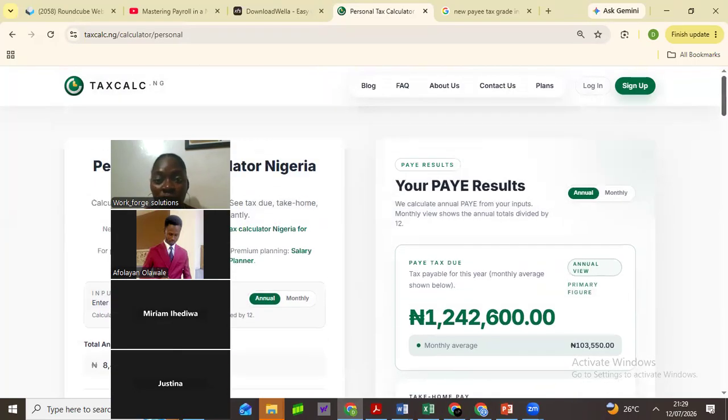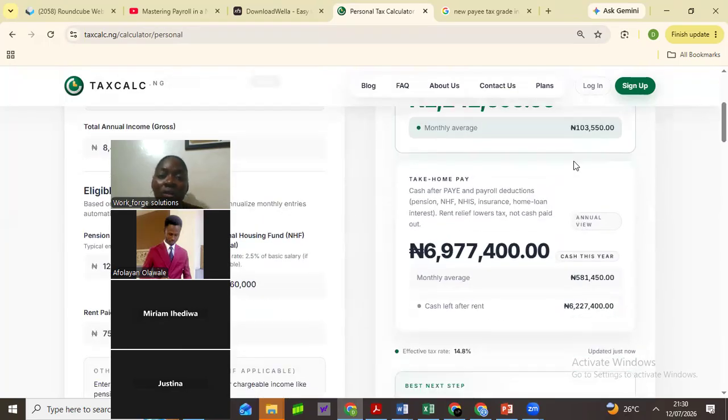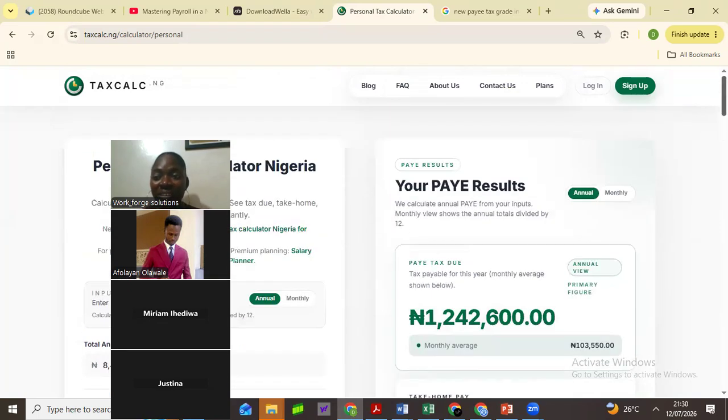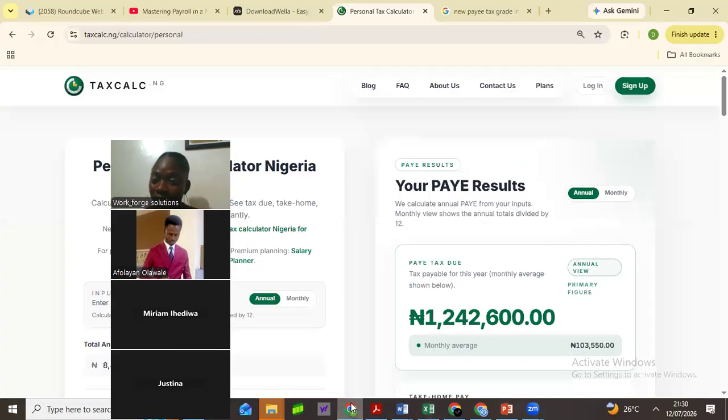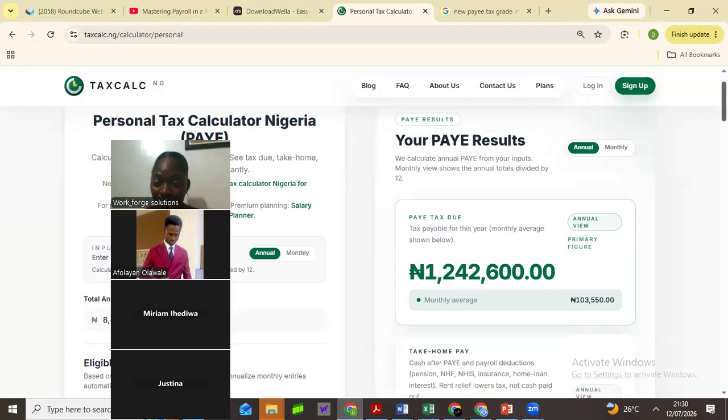So it's okay to just use the calculator, but I needed us to understand how they came about it. You can see now when we did it manually, it gave us exactly the same answer as the calculator.